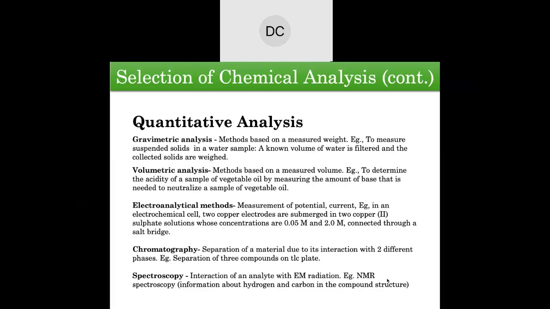Kalau NMR, they didn't give you the amount of concentration. Dia hanya bagi awak the idea ada ke tak ada benda tu. Okay? Ada tak carbon dalam ni? Ada tak C attach dengan kumpulan apa contohnya? Ada tak OH kat sini? Yang attach dekat carbon yang mana? That is the idea of NMR.